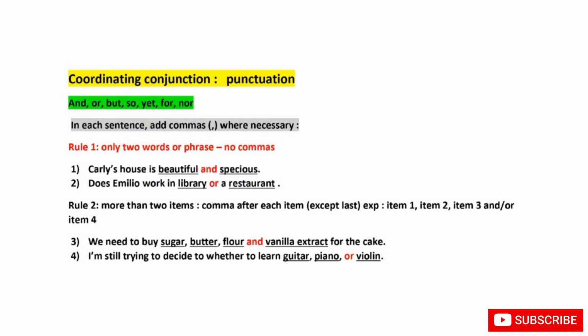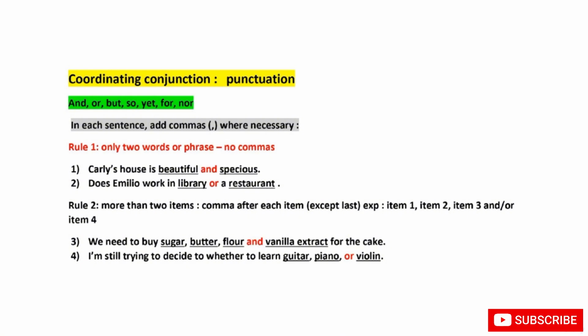In sentences 3 and 4, commas are required. When we have lists of 3 or more items, we use commas to separate them. In number 3, we need to buy sugar, comma, butter, comma, flour, comma, and vanilla extract for the cake.